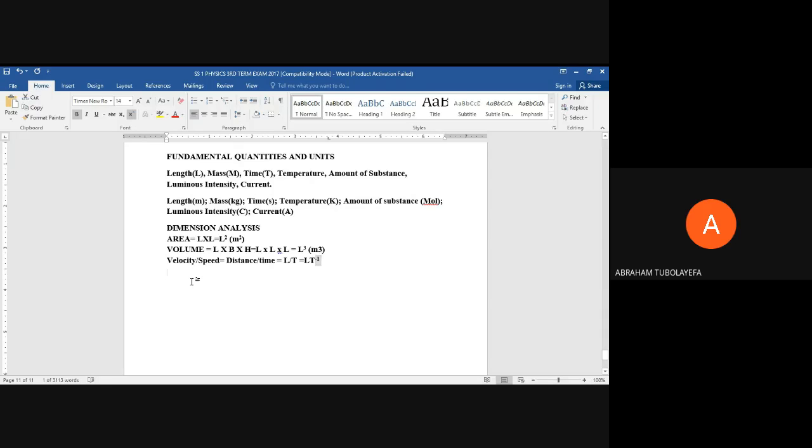So let's pick another one: acceleration. What's the formula for acceleration? Velocity over time. Good, or change in velocity over time.